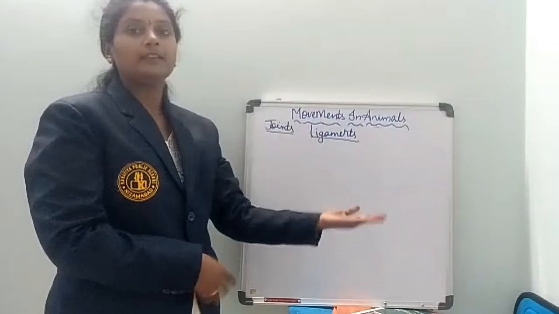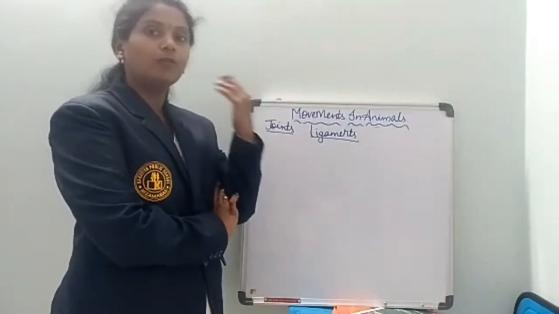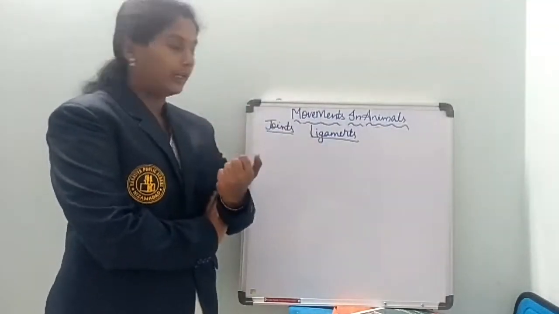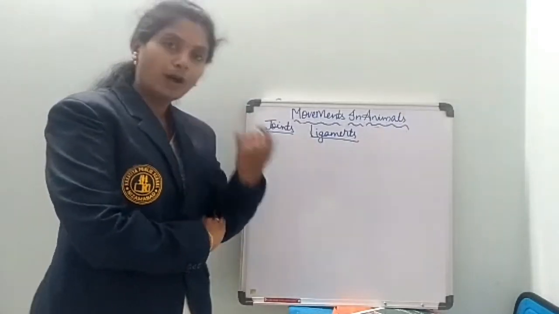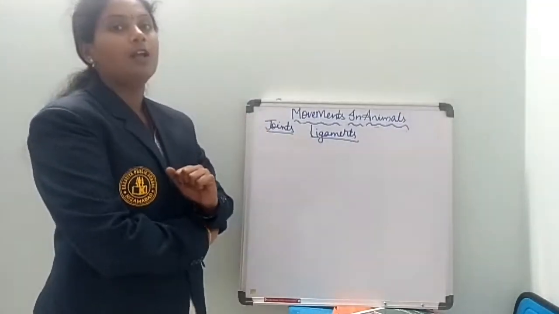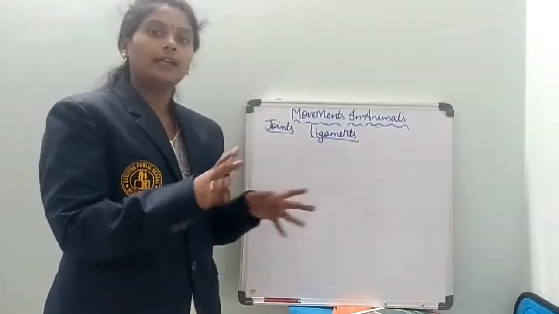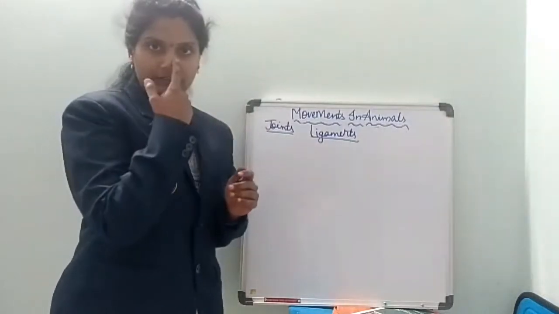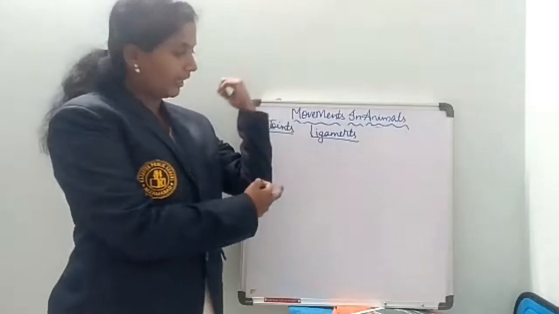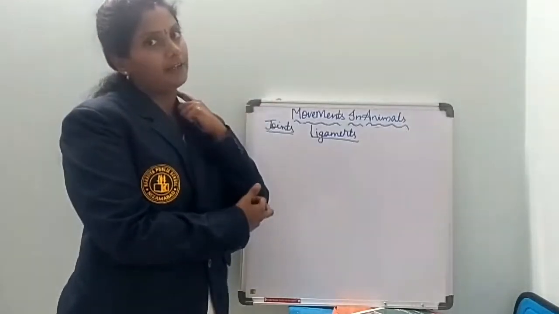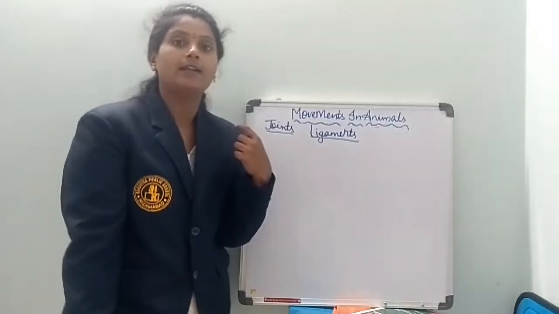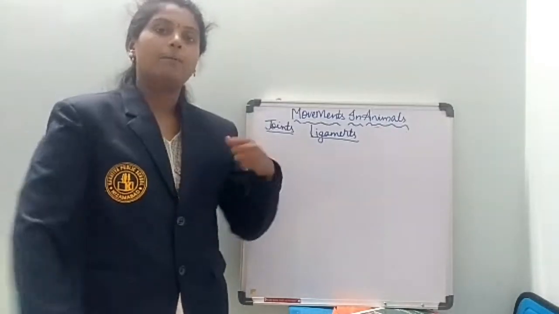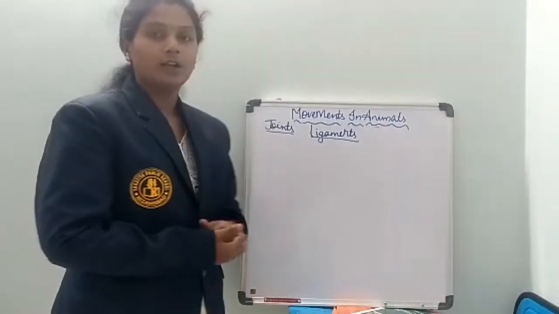No. That means we need a joint to move our body parts freely. The place where we are able to move our body parts is nothing but the joint. Can you tell me in which places we can find joints? Like the elbow region, neck, shoulder, knee, ankle, pelvic region. Many regions have joints.